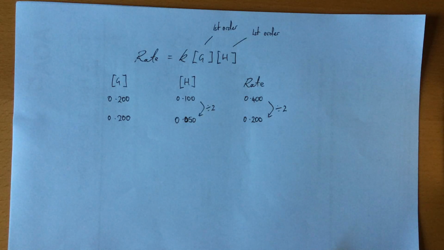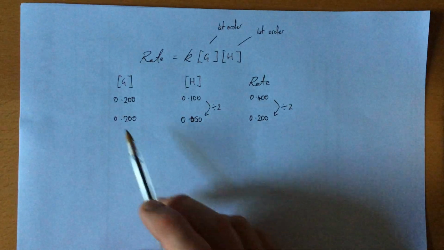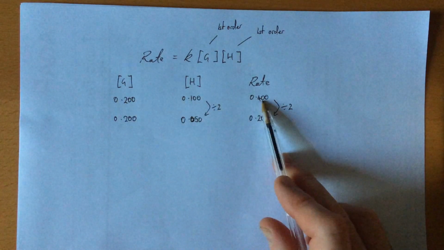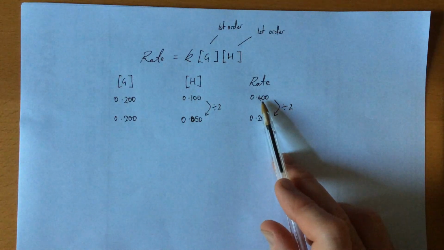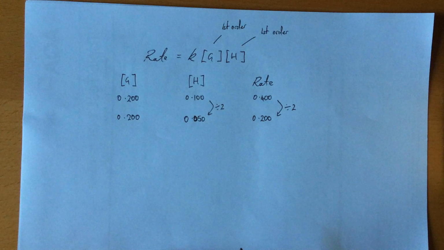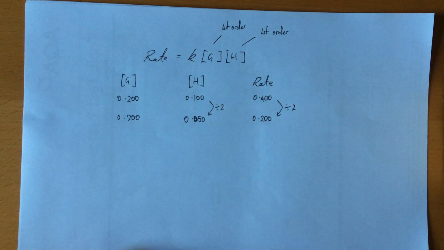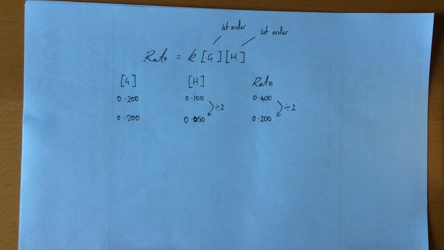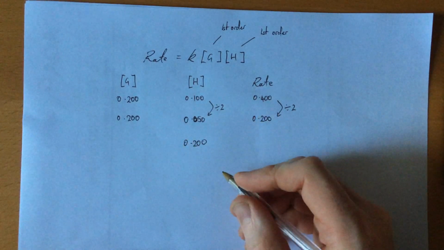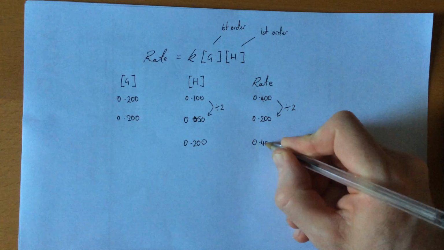And for all of the subsequent questions that we're going to do on this, we're going to compare to probably the example data that we were given there. You don't have to compare it to this one, but that's probably the one that I will. Let's look at the next one. We're told that the concentration of H is 0.2 and that the rate is 0.4.